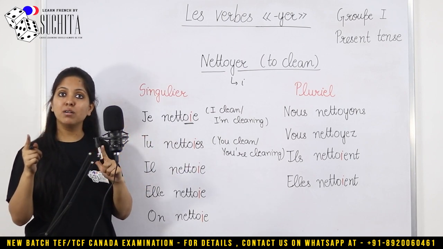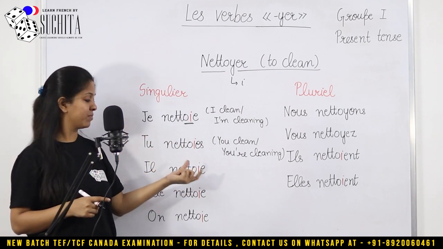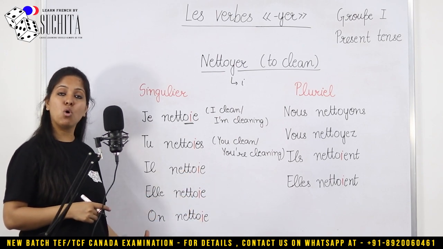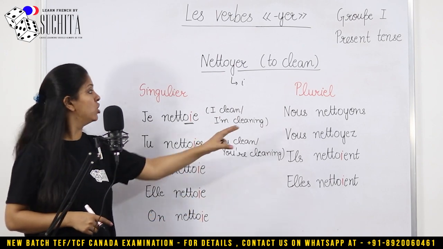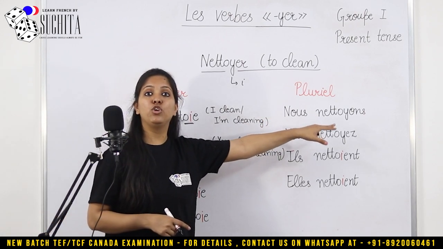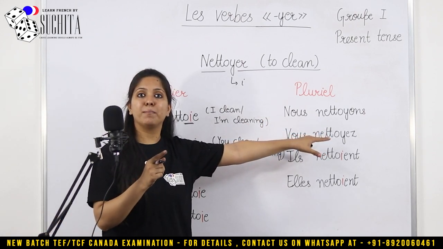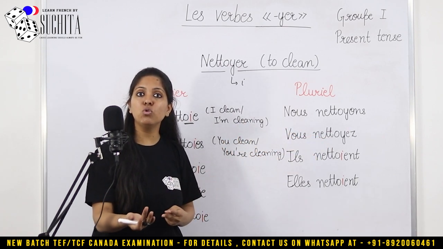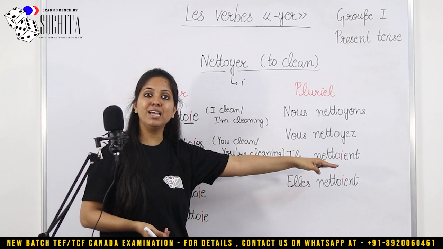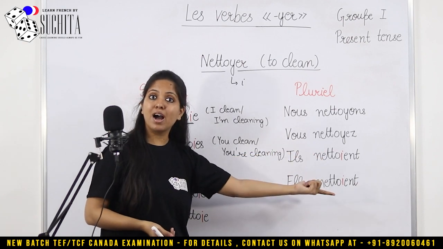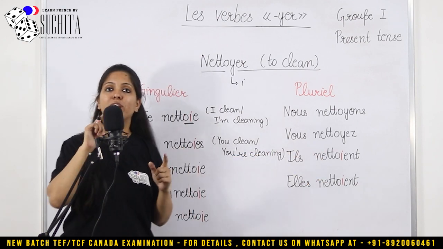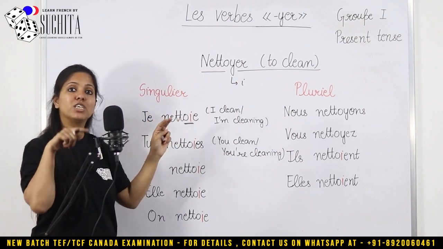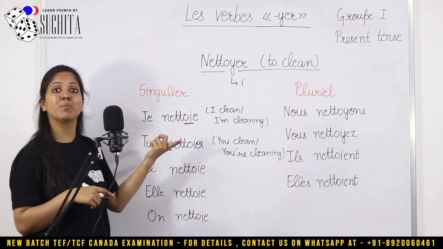So je nettoie, tu nettoies, il nettoie, elle nettoie, on nettoie. Nous nettoyons. Here it will not be oua because you do not have OI, you have OY. So nous nettoyons, vous nettoyez, il nettoie, elle nettoie. So wherever this OY kind of thing happens, the Y will change into I and your combination will become something like this.